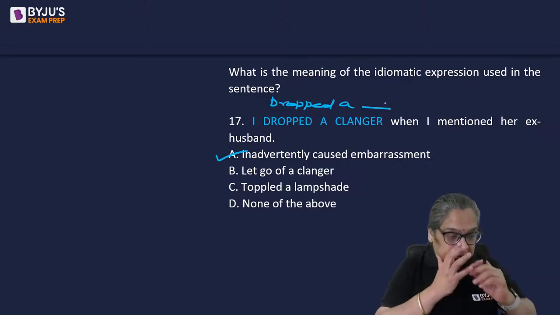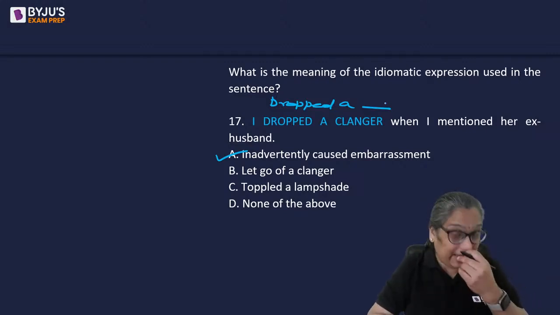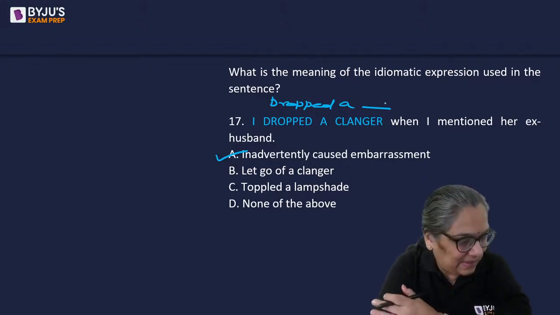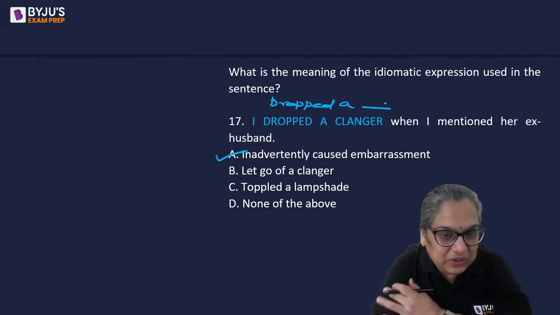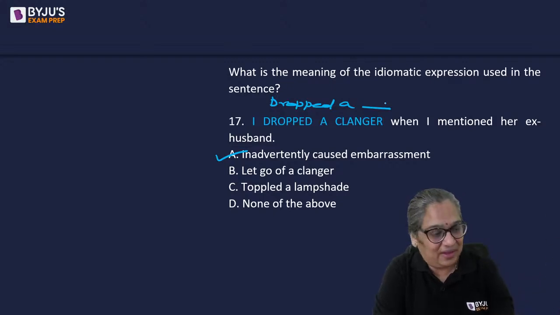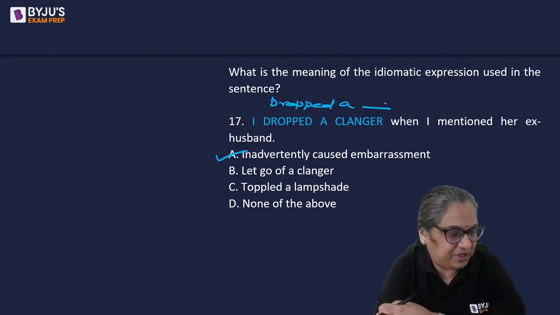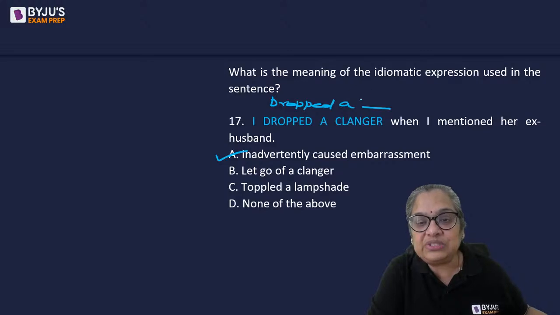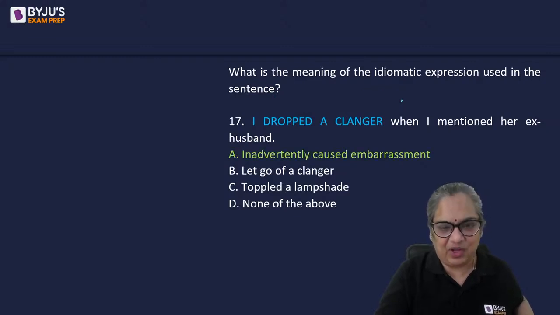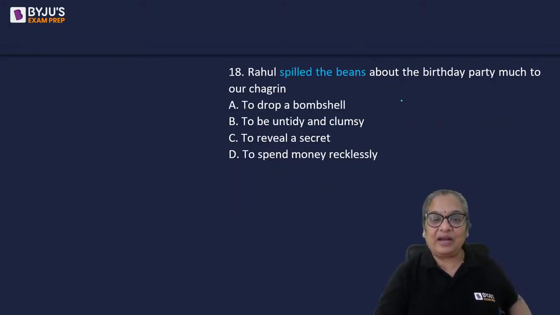Anybody? No, C is not the right answer. A is the correct answer. Dropped a clanger, you didn't really drop anything. It's a figurative, idiomatic expression. When you say something embarrassing, or say something awkward. Dropped a brick.